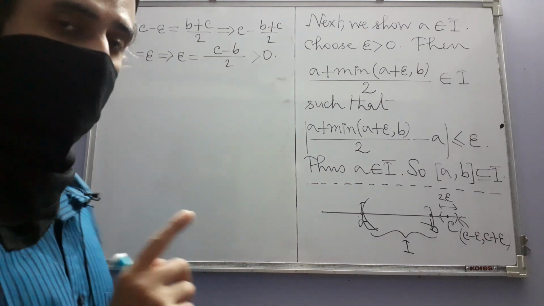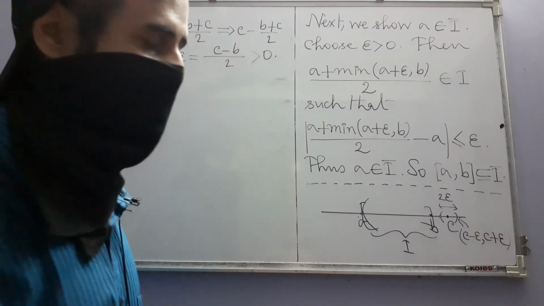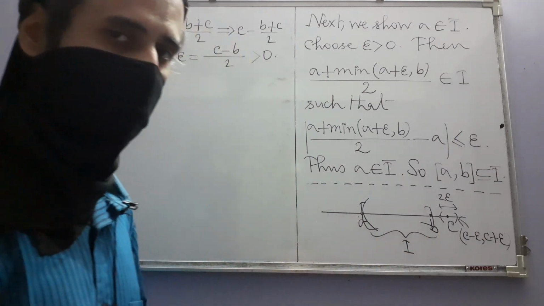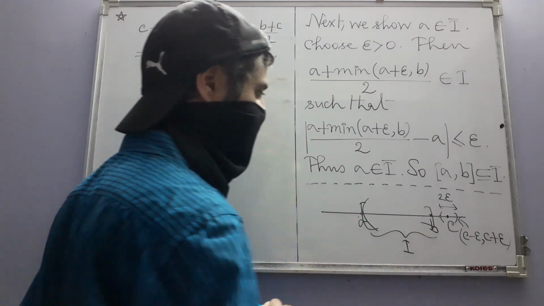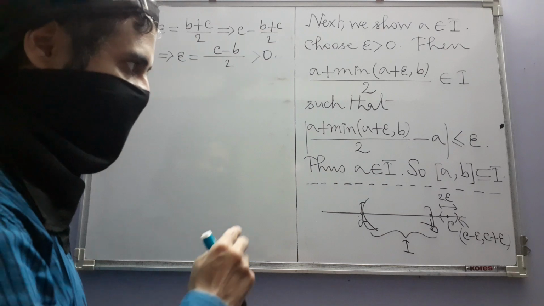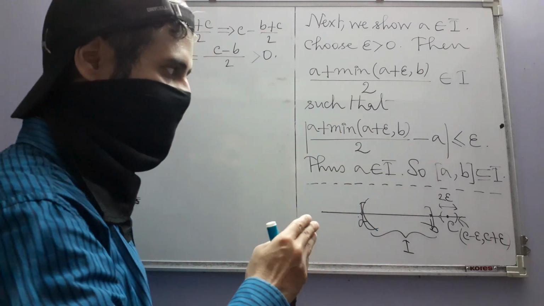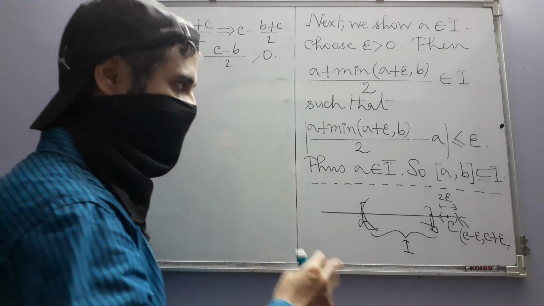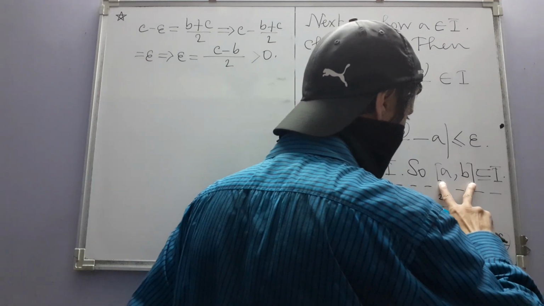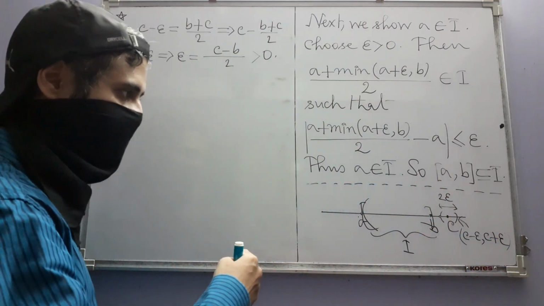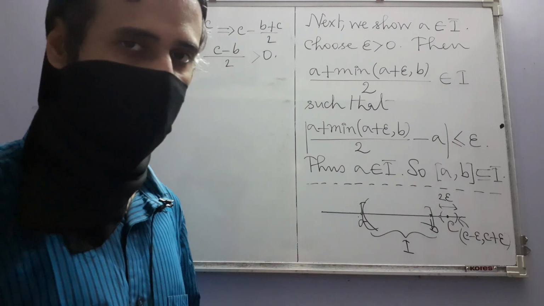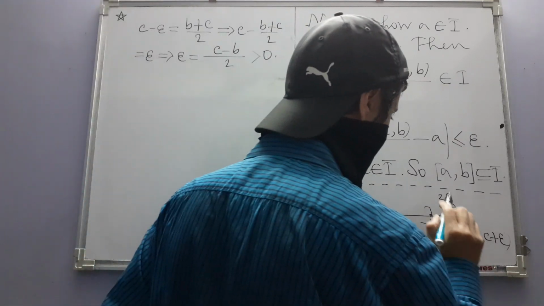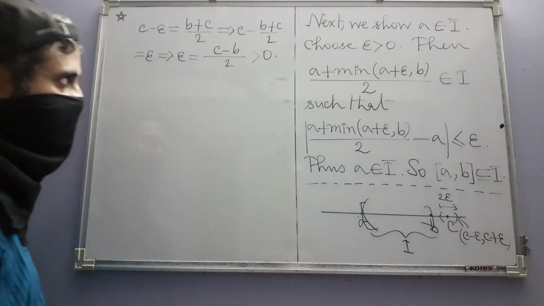By the way, why is C strictly greater than B and not possibly equal to B? That's because B is in this closed interval, but we are now trying to see that points outside the closed interval are not adherent points. So C is strictly greater than B.